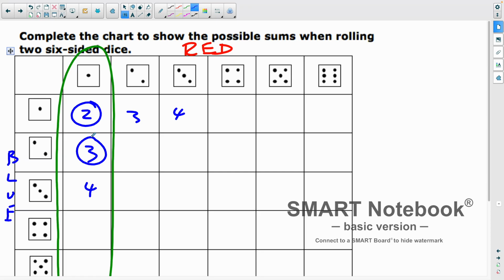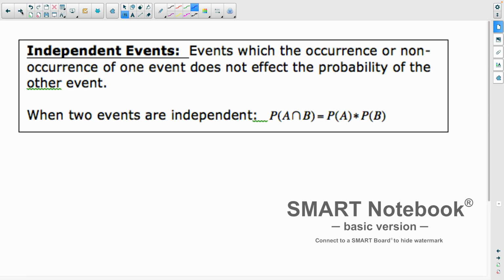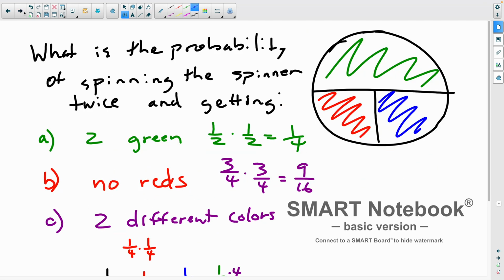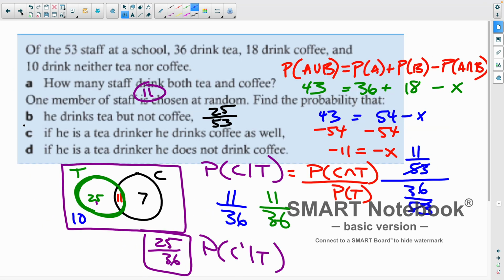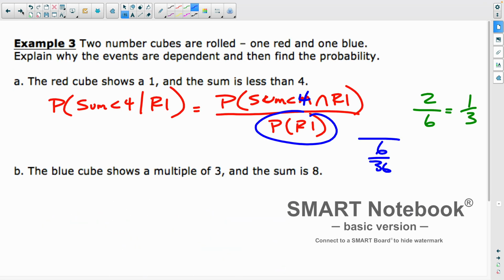It would be these 2 out of all 36 of them. So if I were to go back over here, this is applying my formula. So 2 out of 36. And now we got that same kind of situation that we had a while ago. The 36s would cancel. I have 2 out of 6.